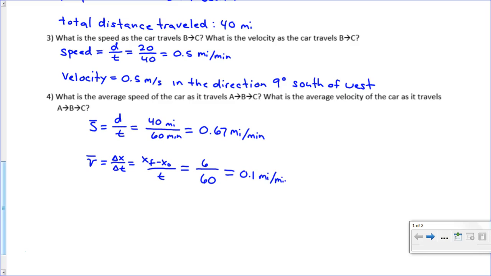And since it's a velocity here, we need a direction, so south. All right, and that's what we've got there.